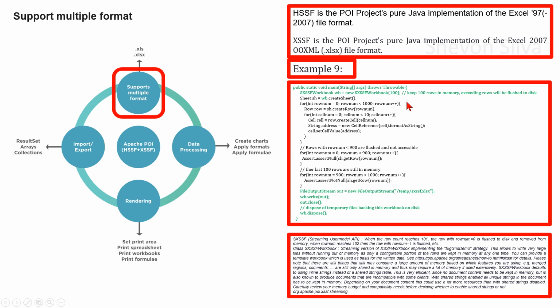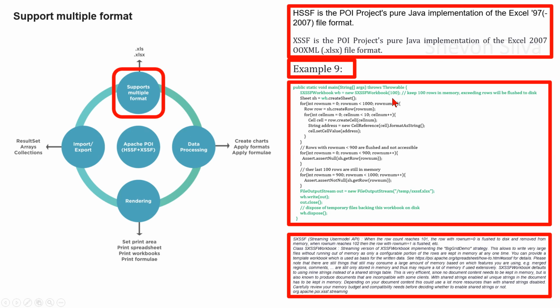When a new row is created via createRow, and the total number of unflushed records would exceed the specified window size, then the row with the lowest index value is flushed and cannot be accessed via getRow anymore. The default window size is 100 and defined by SXSSFWorkbook.DEFAULT_WINDOW_SIZE. The window size of -1 indicates unlimited access.